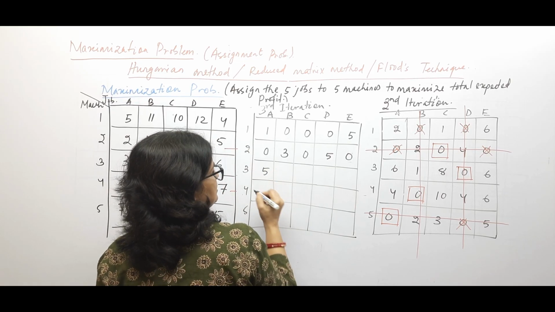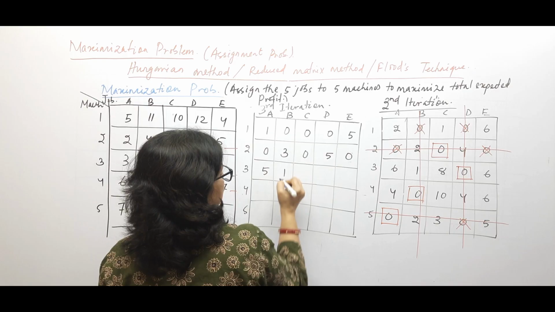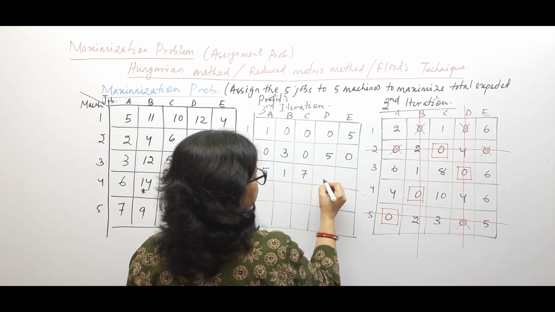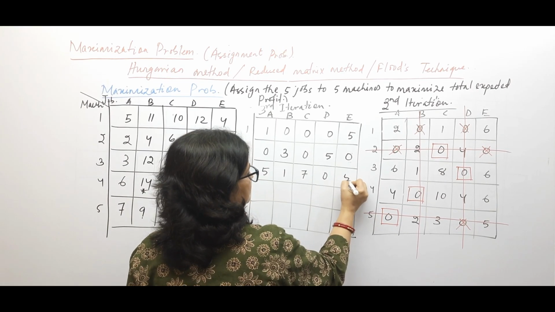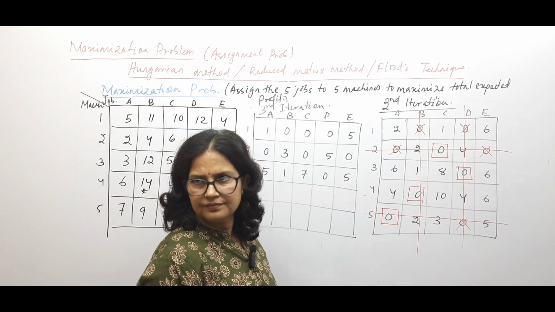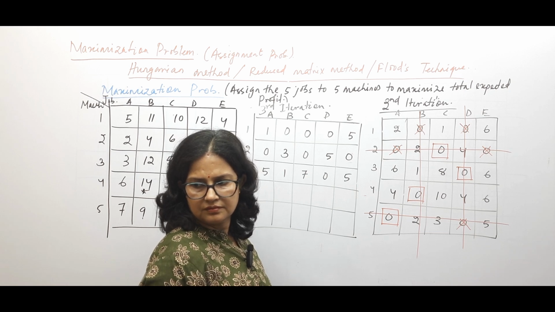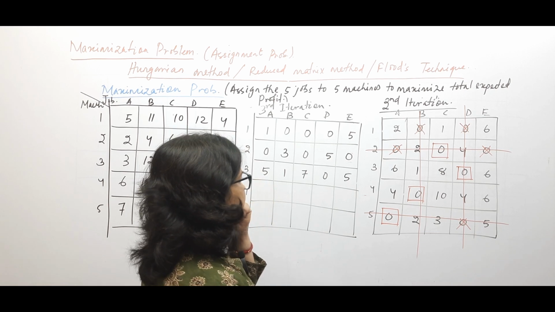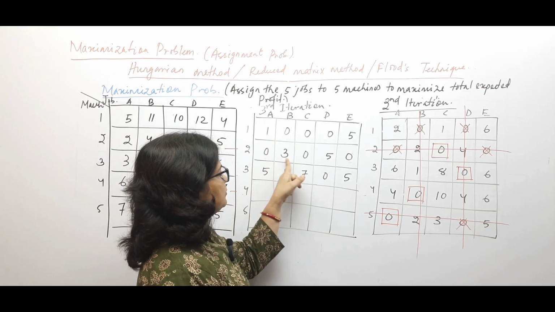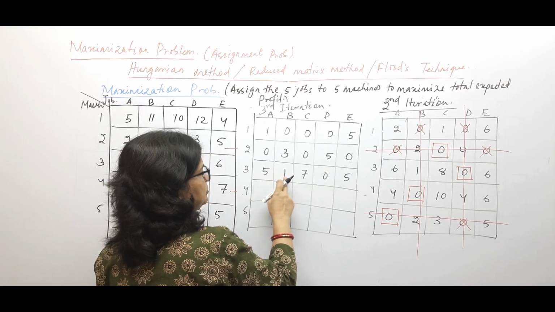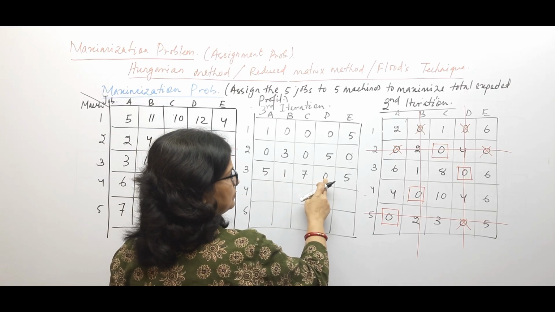We need to subtract this 1, then 7, then 0, then 5. 0, 3, 0, 5, 0, then 5, 1, 7, 0, 5.